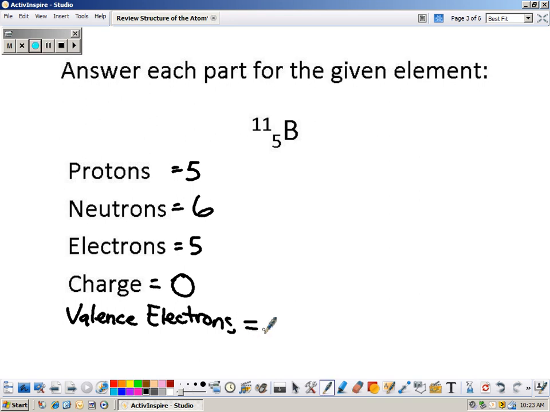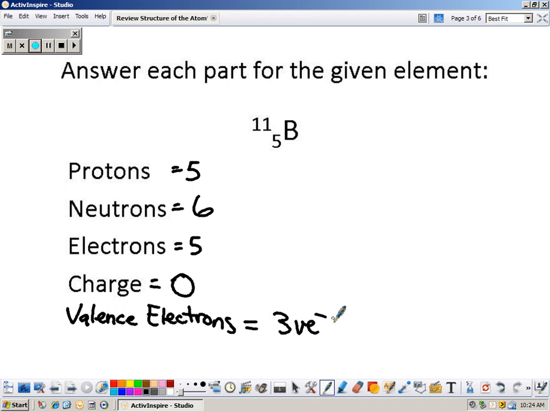Valence electrons is 3. You count the columns. Just remember, you have to skip the transition metals, the lower block, and then there should be eight columns. So it's in column 3. It has 3 valence electrons. Okay, we're done with that one.